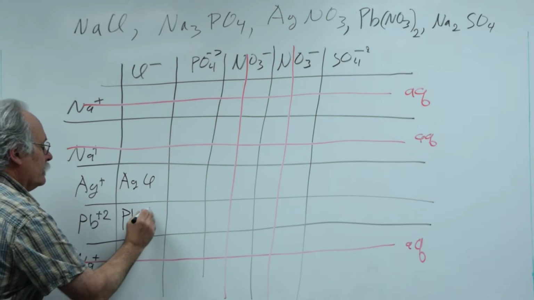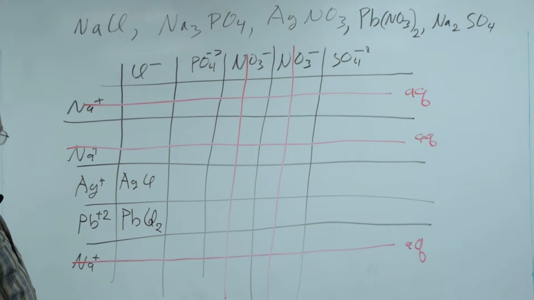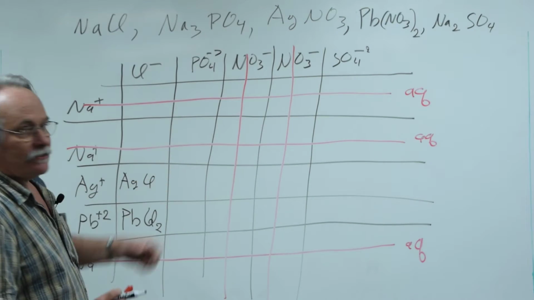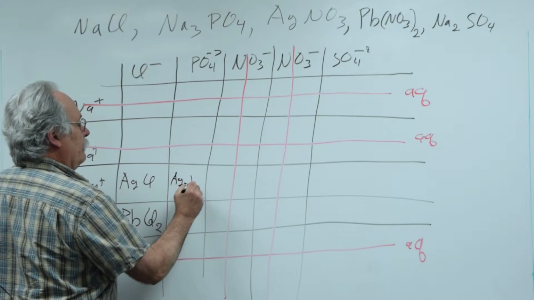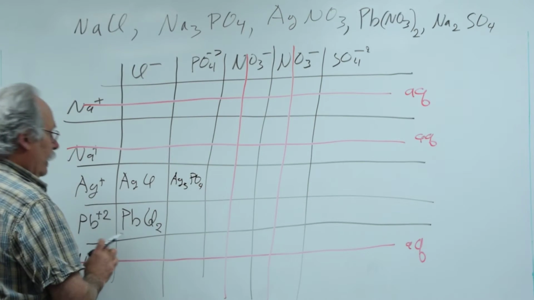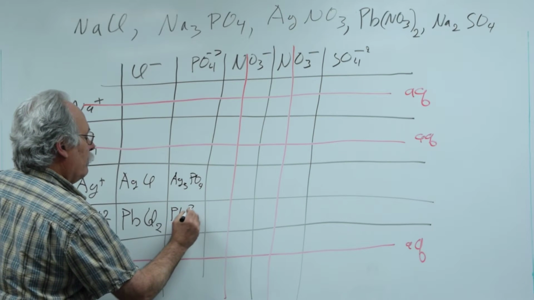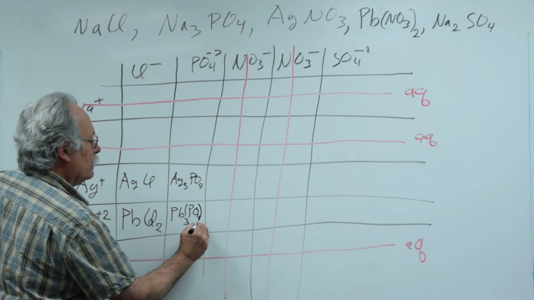This is a solid, PbCl2. Okay? Now I come over here. Silver phosphate. I go to my solubility rules. Ag3PO4. Go to my solubility rules. Pb3(PO4)2.